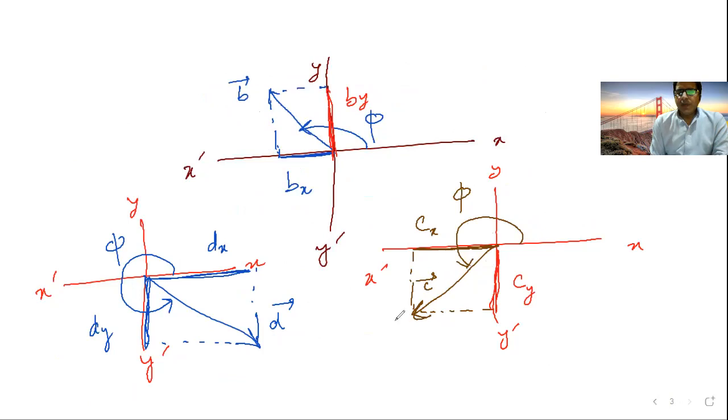Similarly, if a vector c lies in the third quadrant, then phi will be greater than 180, less than 270, and its x component will be negative, y negative. And if phi is greater than 270, less than 360, it lies in the fourth quadrant, the x component of the vector is positive, y is negative, right?